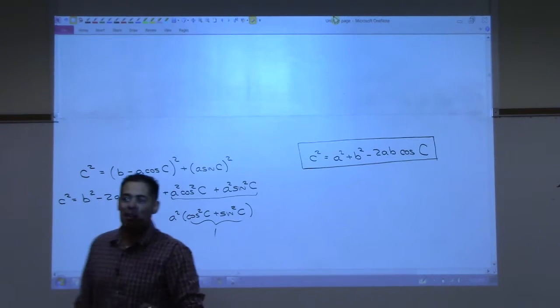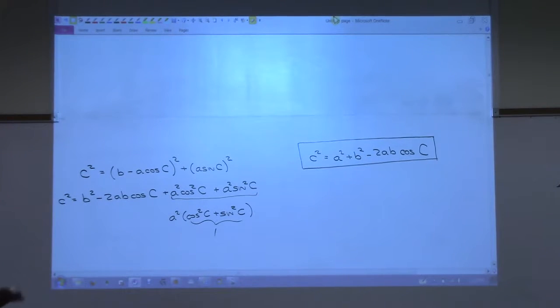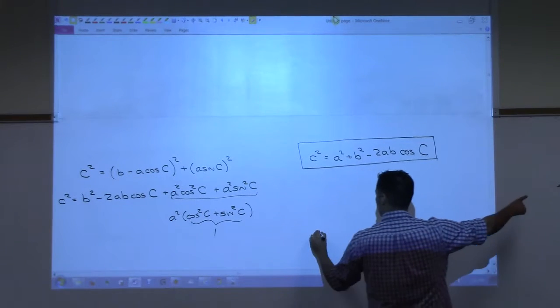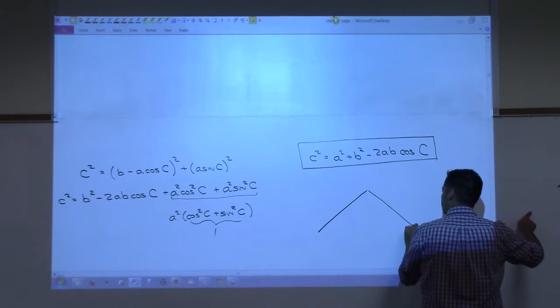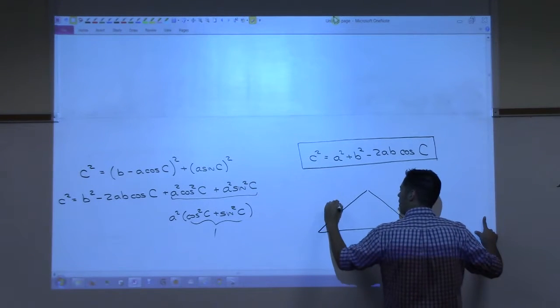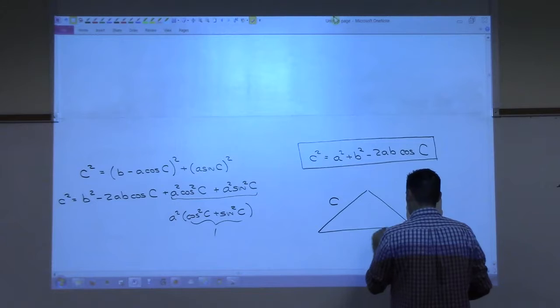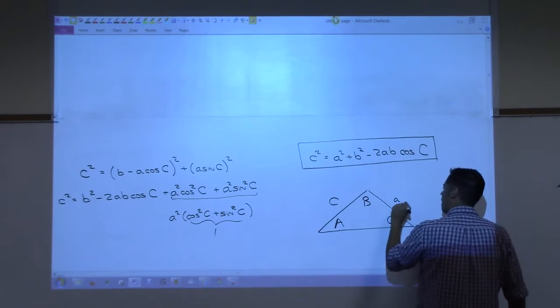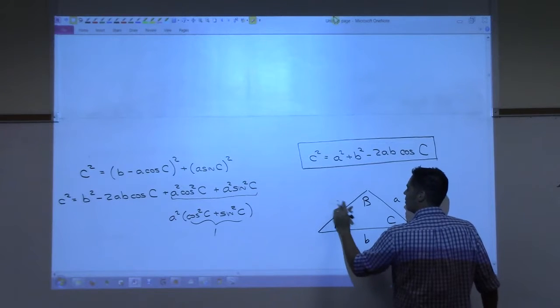Now, let's try and appreciate what this equation does for us, all right? To make us appreciate that, I'm going to draw a general triangle here again. So we have our C, little c, B, capital A, little b. This is little c.